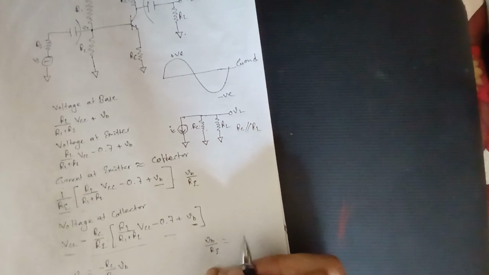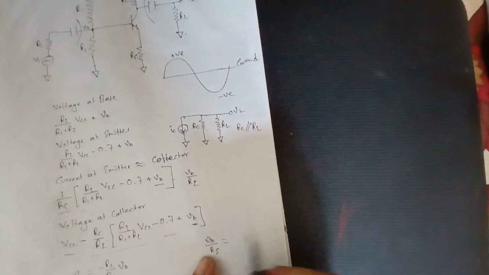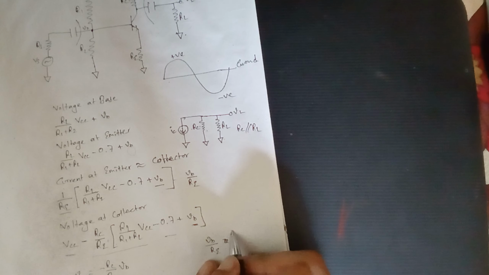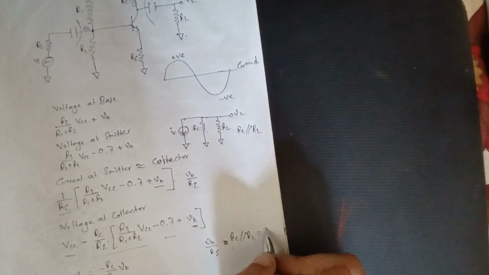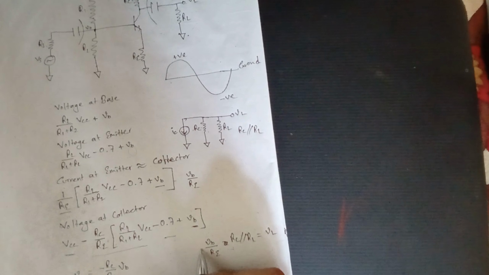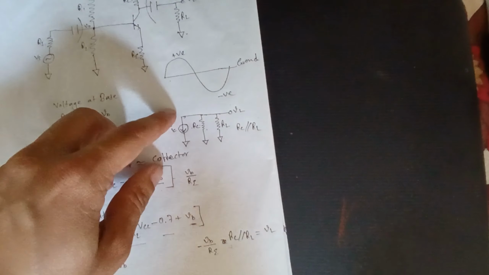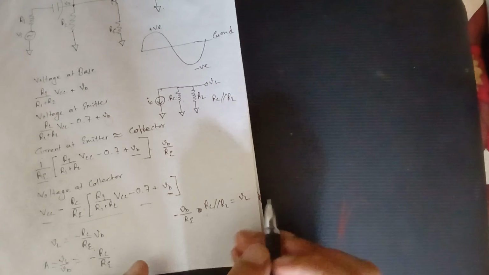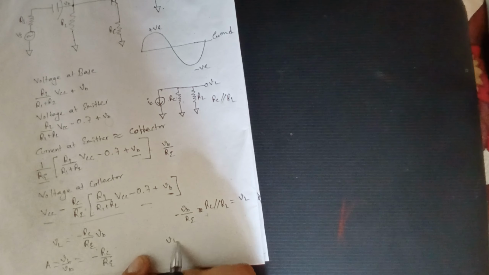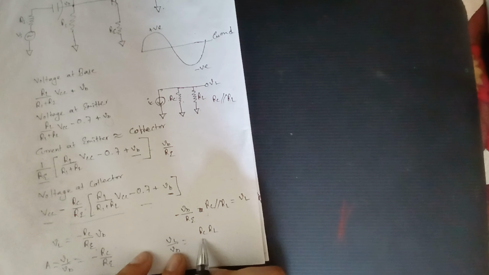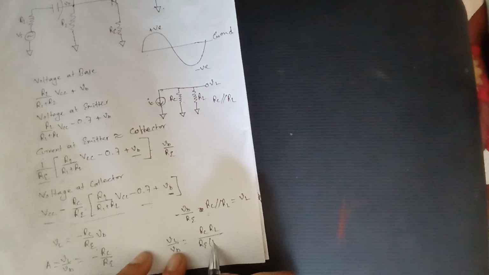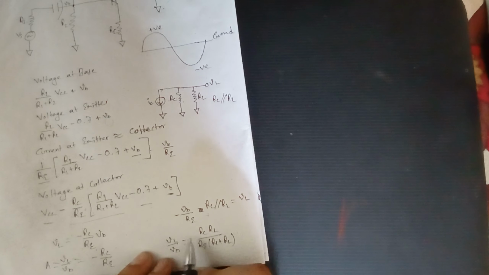So VL equals to I R. This is I times this equivalent resistance, the potential here, and it's negative because the current is negative, it's flowing in the opposite direction. So what we get is VL by VB is RC RL divided by RE times RC plus RL, and it's negative.